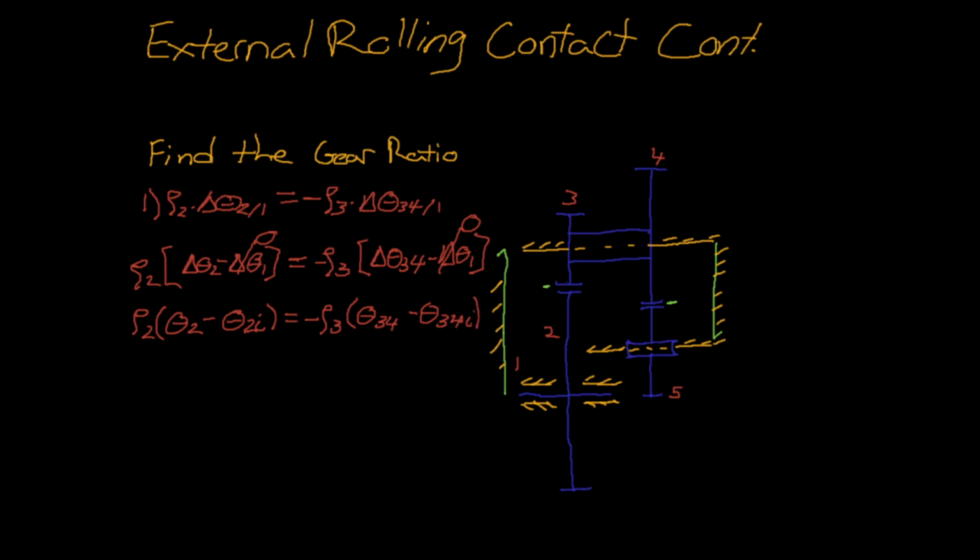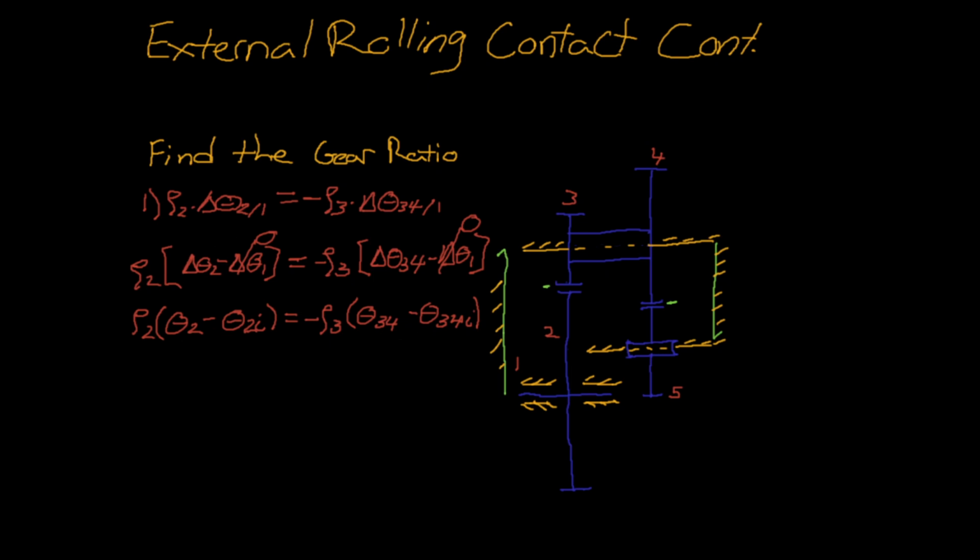Right now this equation is in terms of the angular positions of gears 2 and 3, 4. What we're interested in is the relationship between the speed of gear 2 and the speed of gear 3, 4. So we're going to differentiate the equation with respect to time, so it'll be in terms of angular speed.